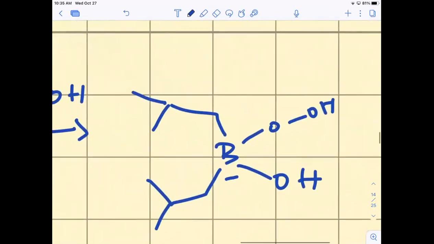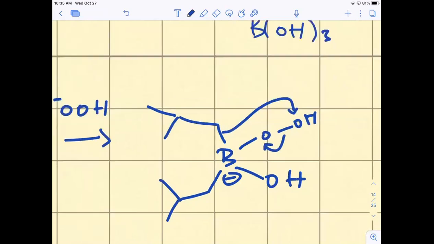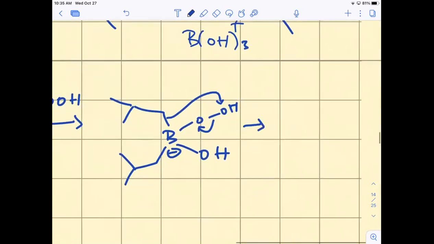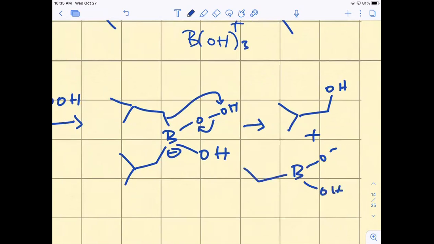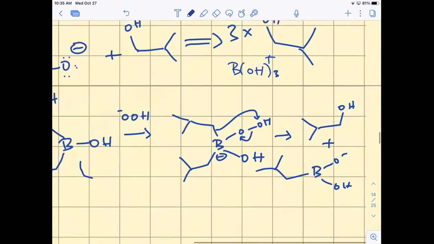Right, so the boron is going to be negative. So then this is coming here like that, this is coming like that. So then you're going to end up with another alcohol plus B, O minus, OH, with one alkyl group on it now.